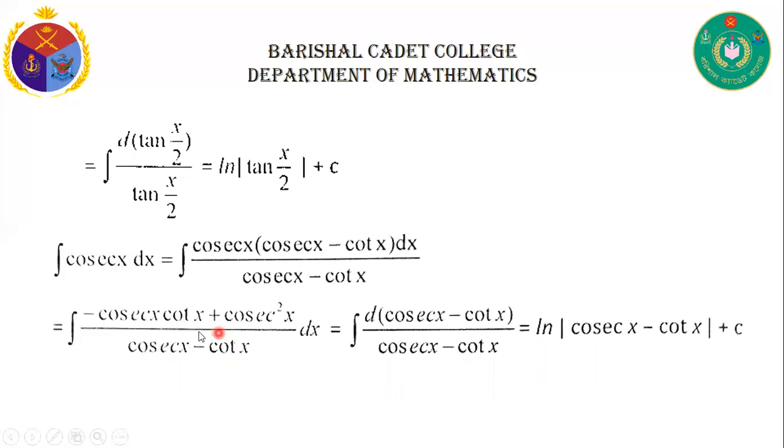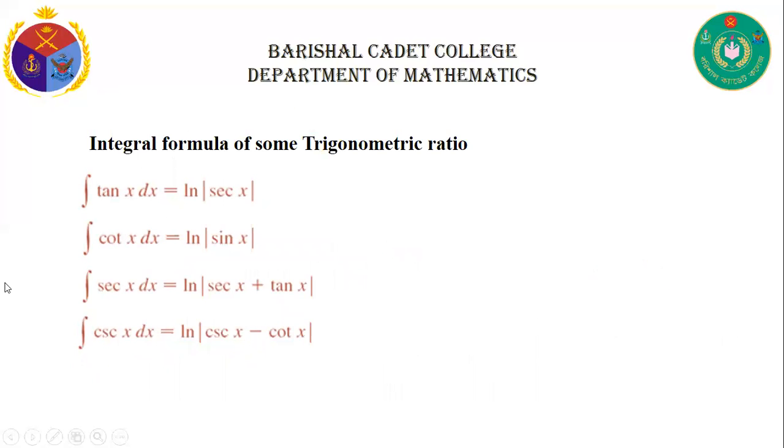And now if it is f of x, then the differentiation of cosec x is minus cosec x cot x, and the differentiation of minus cot x is cosec square x. So it is f of x, it is f prime x. So again we have the formula f of x and f prime x, that is ln f of x plus c.